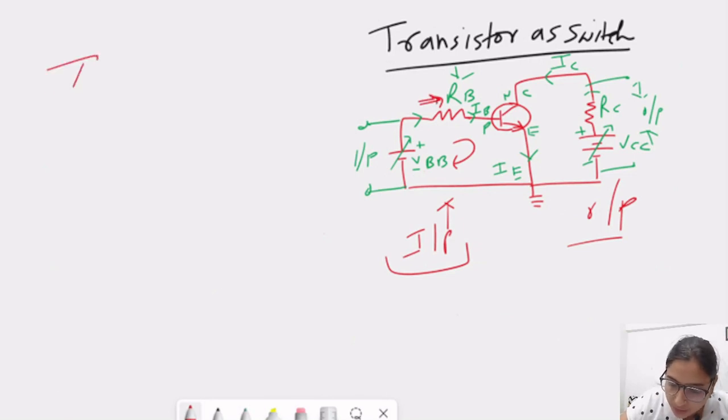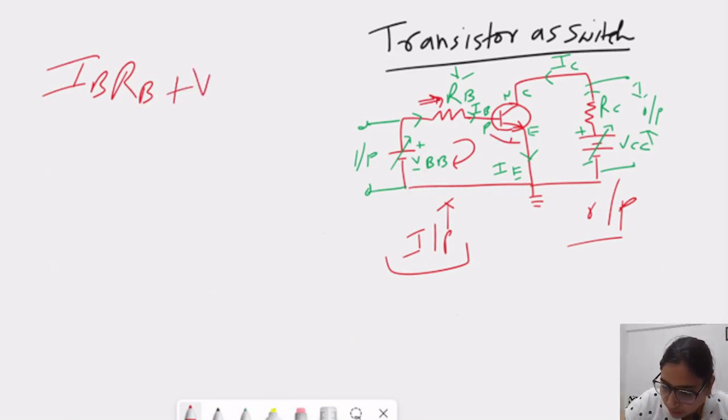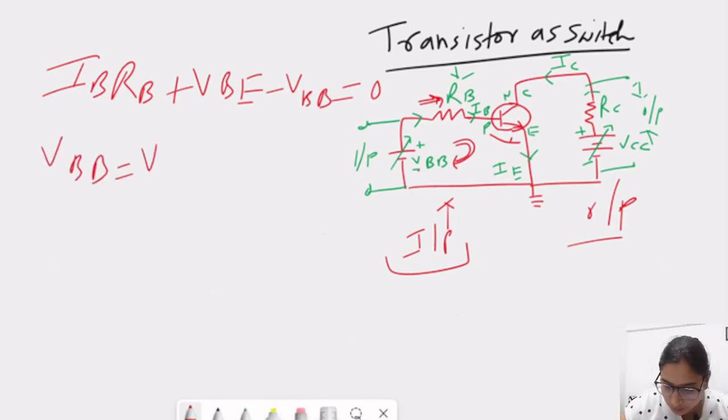Now the voltage drop across the resistor is IBRB, plus this voltage, which is VBE, also in a positive manner. Here, from this side, we are coming from negative to positive, so this VBB is negative. So negative VBB plus VBE plus IBRB is equal to 0. So from this, we clearly see that VBB is nothing but VBE plus IBRB.